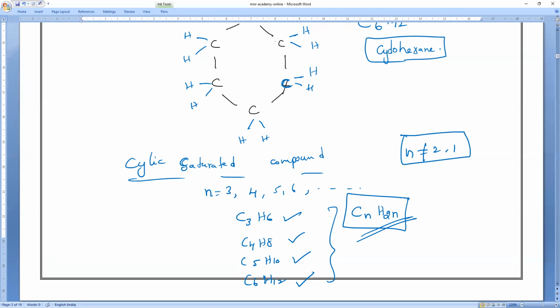It always contains a ring of a minimum of how many carbons? 3 carbons. So please remember that. These saturated cyclic hydrocarbons we can also call alicyclic.